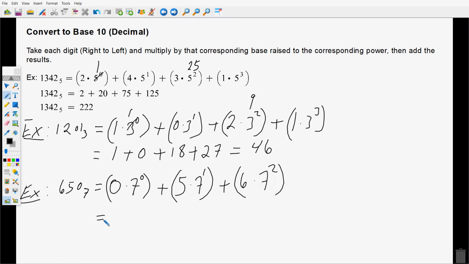Do each multiplication for each group. 0 times something is always 0. This is 5 times 7, which is 35. And 6 times 7 squared will give me 294.